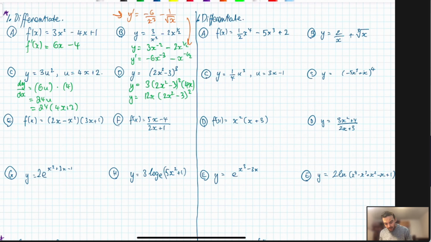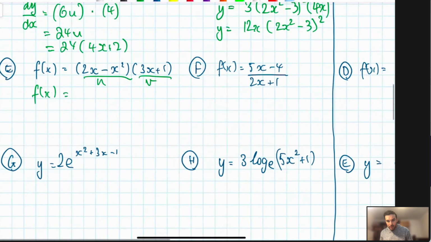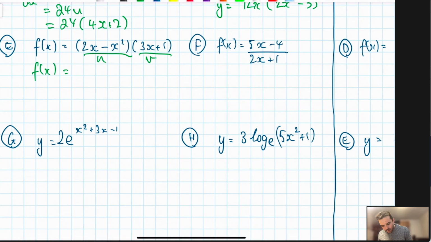The next one we can see we've got our product rule here where this is function u, this is function v. So let's differentiate that. I'll zoom in on this one. Okay, so this one's going to become 2 minus, oh sorry, this is u dash, right? Yep, happy with that. That's u dash, we times it by v.